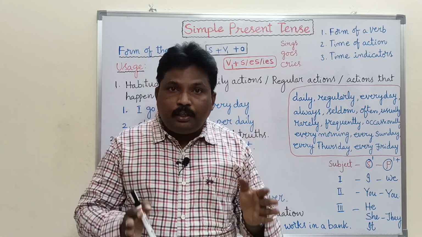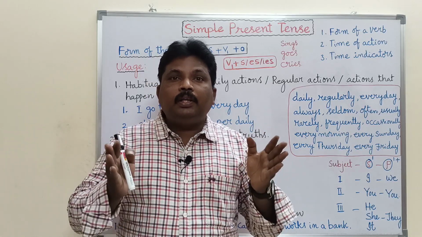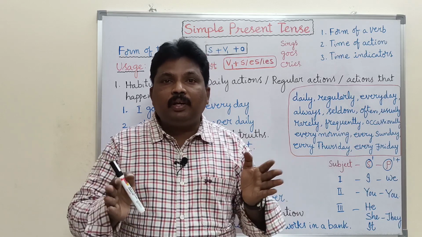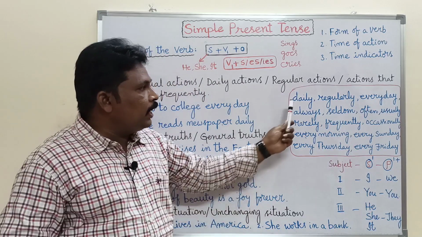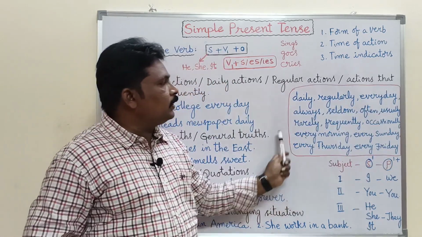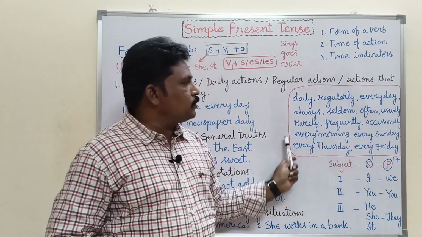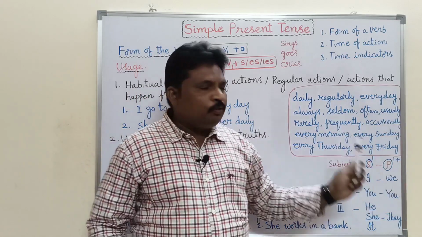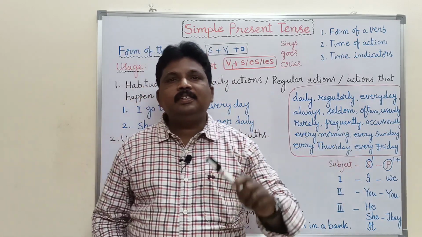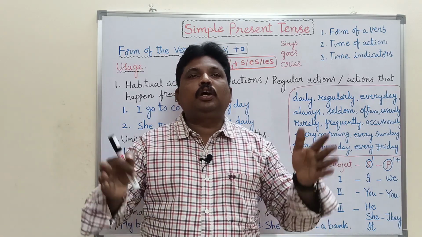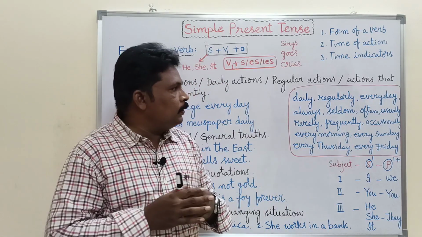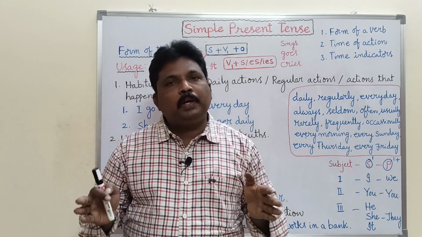Okay, to identify whether it is a daily action or frequent action or habitual action, we have a list of words. These are the time indicators or time expressions or adverbs of time with which, when a sentence is used, undoubtedly it is a habitual action or daily action. Say for example, I read English newspaper daily.